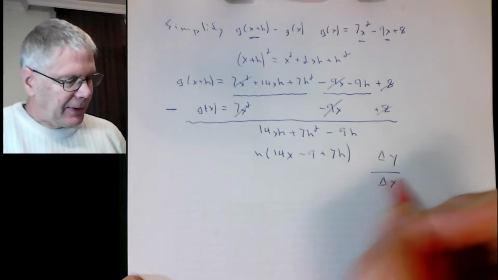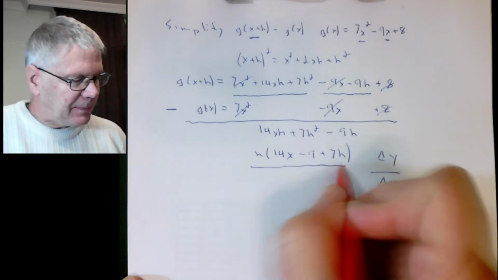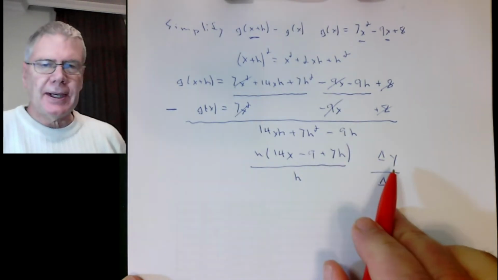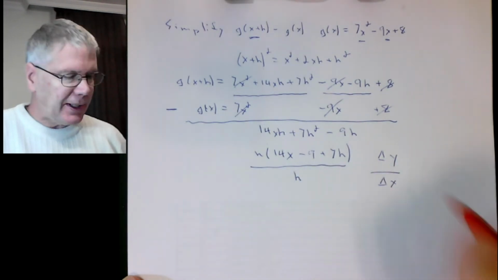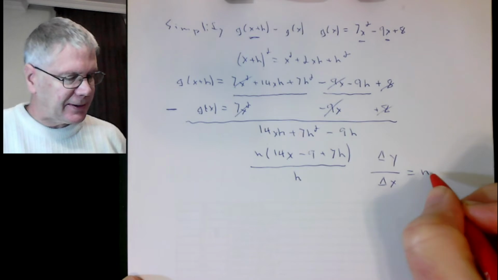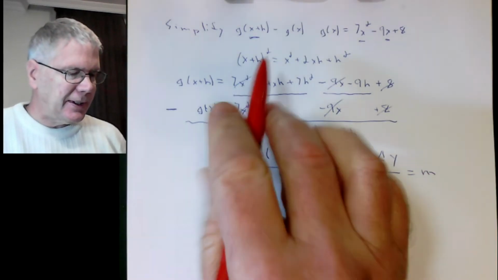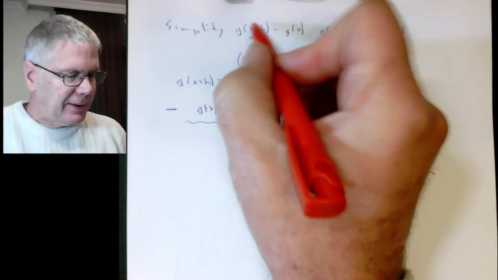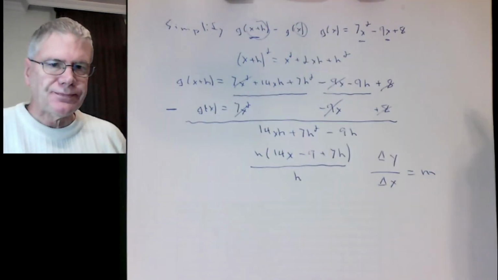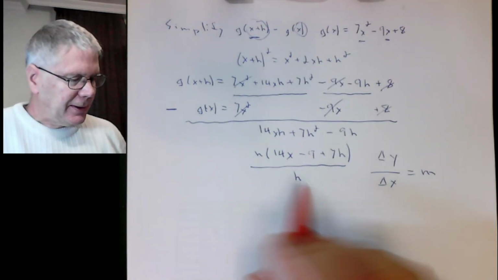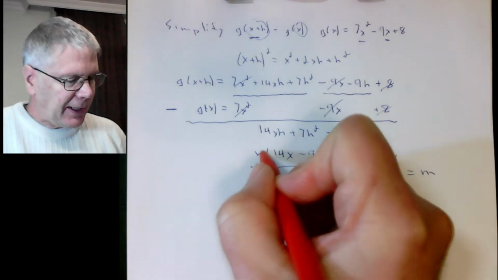So if I divide this by h, what I really have is change in y over change in x, which you may recognize as a slope from your straight line equations. So we're really finding the average slope between these 2 points. And I can cancel the h.